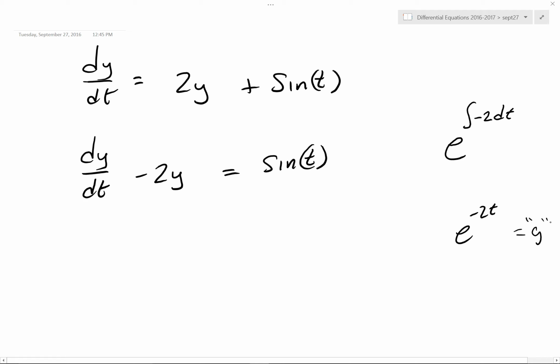Make sense? So then we just times everybody by e to the negative 2t, which of course gives us this.